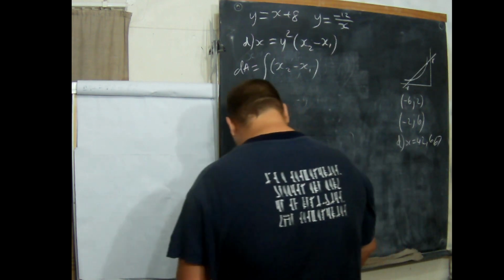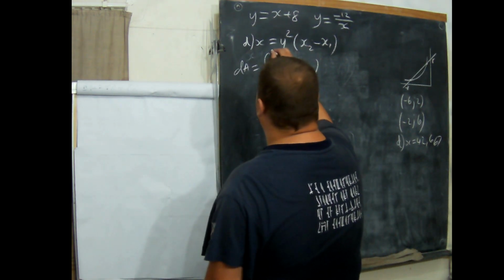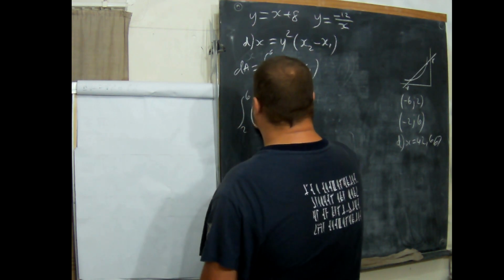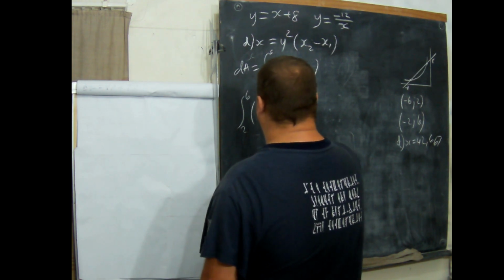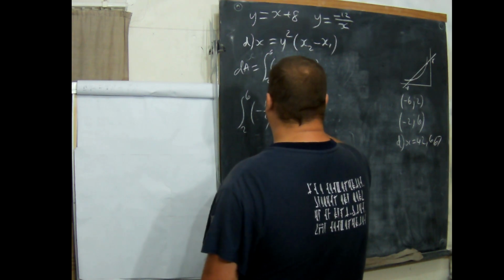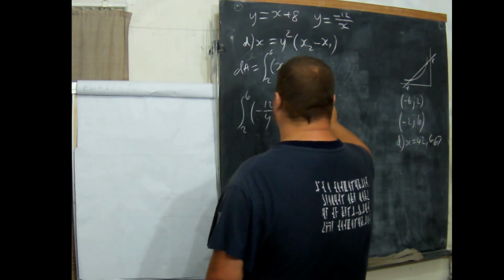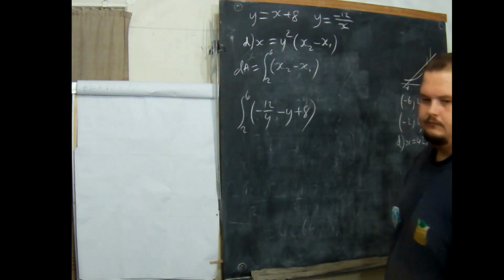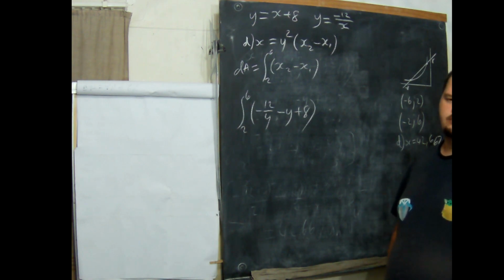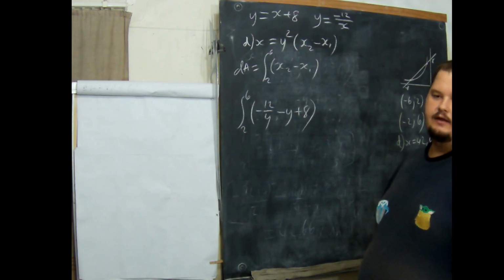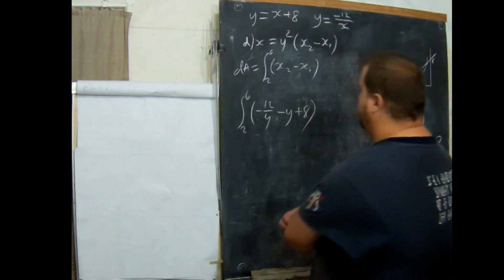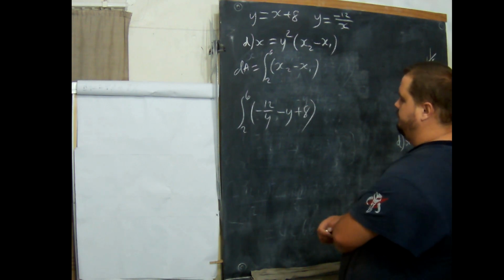Okay, so that's all we have to do. There's nothing to multiply by. That's 6 and 2. Now this is minus 12 over y minus y plus 8. Okay, always take your signs into account. Never ever drop them. So now all we have to do is integrate each term.